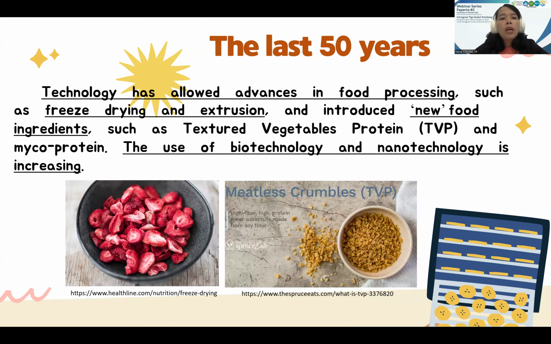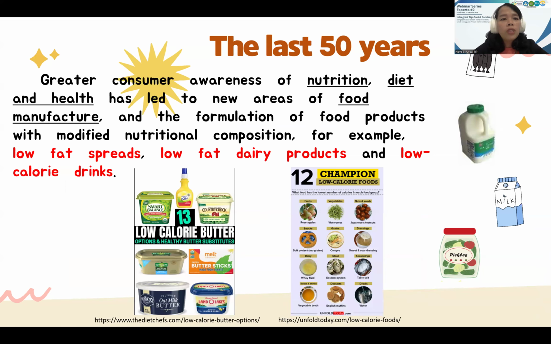Not only the advance in food technology, even the greater customer awareness also of the nutrition. For example, they care about the diet and health. So it has led to many areas of food manufacture and the formulation of food products with some modification of nutritional composition.